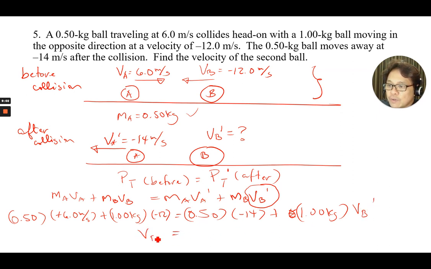Okay, so solving for VB prime, let's use our calculators. 0.5 times 6 plus 1 times negative 12 minus 0.5 times negative 14, divided by 1.